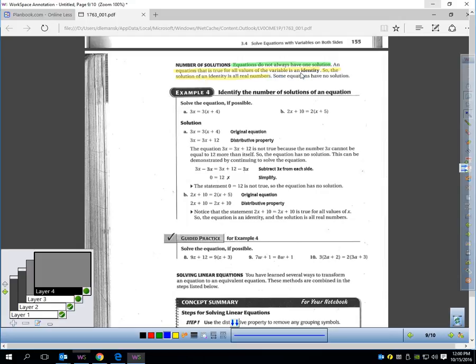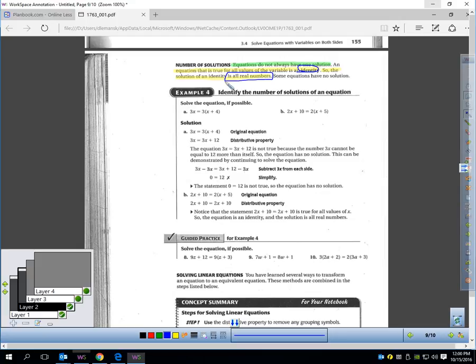That's called identity. That's a vocabulary word you should get in your notes. Identity means that all real numbers would be a solution. In other words, identity is saying I could plug any number I want for the variable and it's going to make the equation true. So instead of having one solution, any number would work.